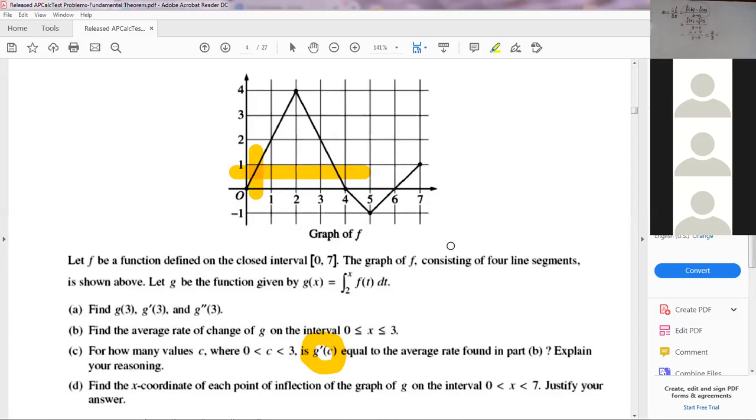So you can explain your reasoning. This is okay. G prime of X. So let me just put this one. If G prime of X equals, let me just stop sharing here.